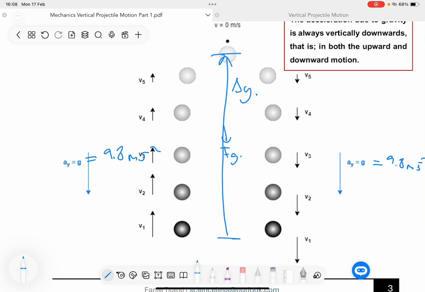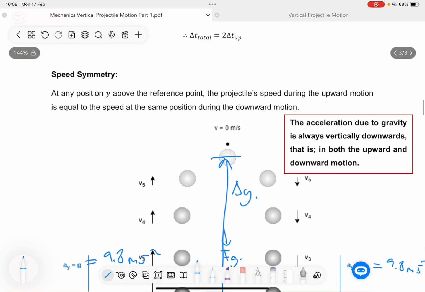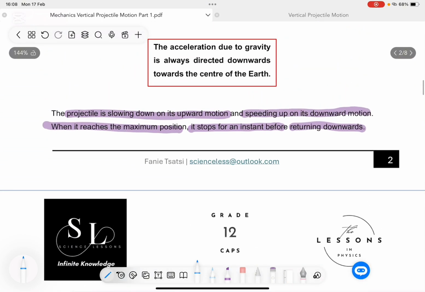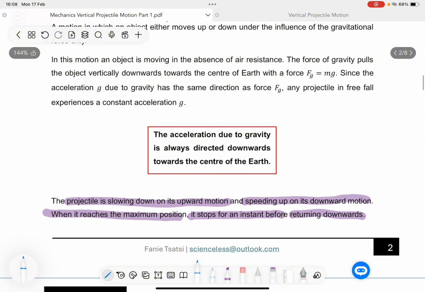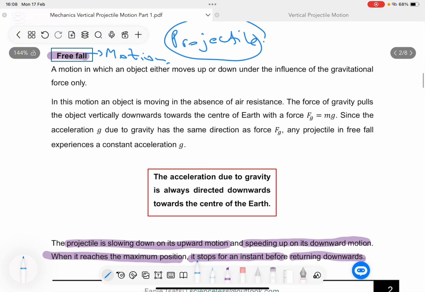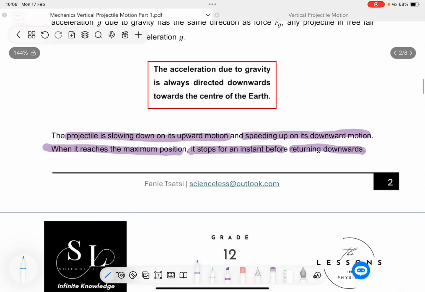It's always a constant 9.8 meters per second squared. But this is true only if there are no other forces acting on the object. So if there are no things such as air resistance or any other external forces acting on the system or this projectile that we are studying.